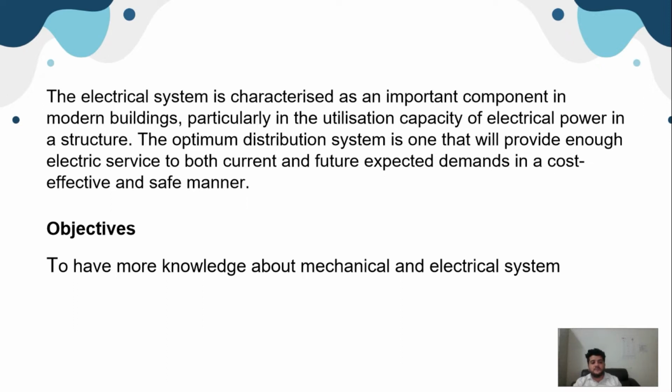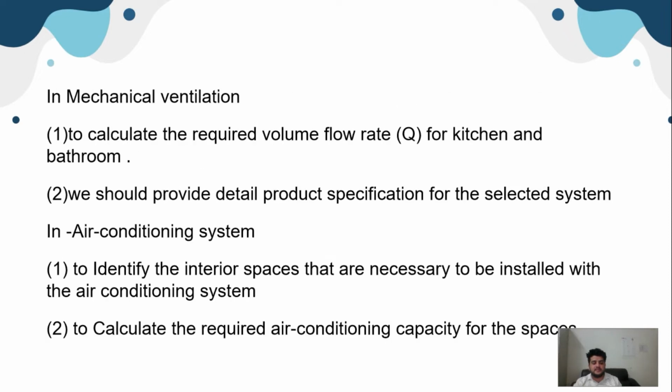Our objectives for this project are to have more knowledge about the mechanical and electrical system. In mechanical ventilation, to calculate the required volume flow rate, which is Q, for the kitchen and bathroom. We should provide detailed product specification for the selected system.